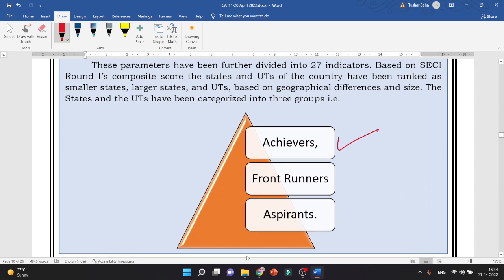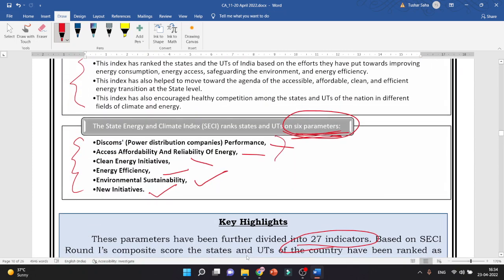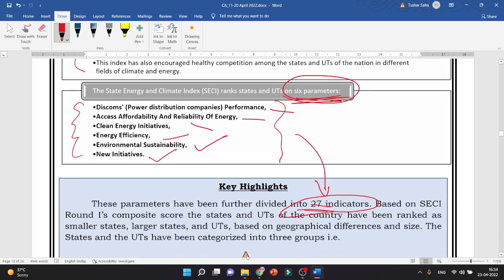The states and union territories have been categorized into three parts: achievers, front runners, and aspirants. And there are 27 indicators as well. Let us not get into all those things, but remember, these are the 6 broad parameters, and if you subdivide them, the subdivision is of 27 indicators.